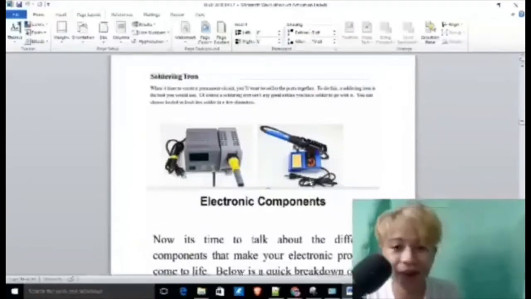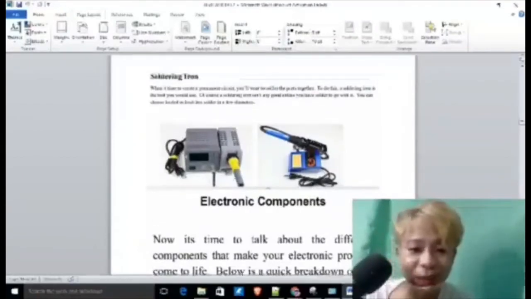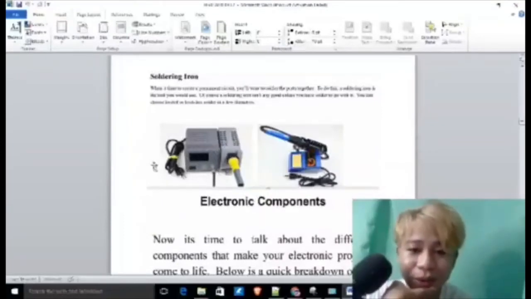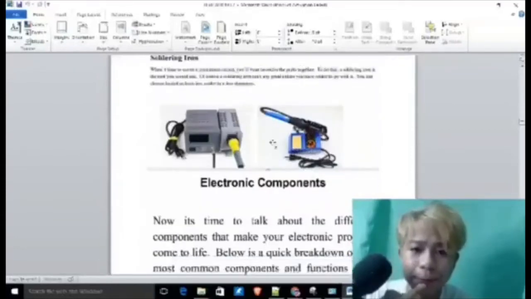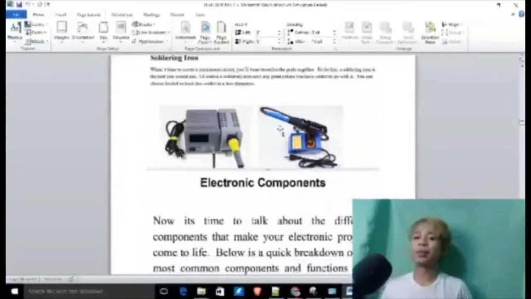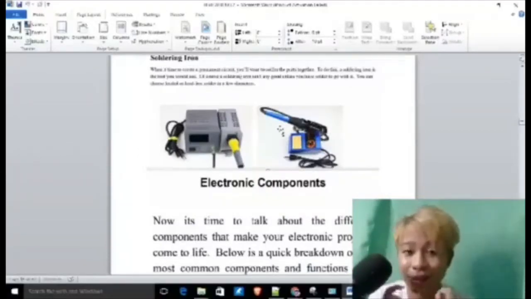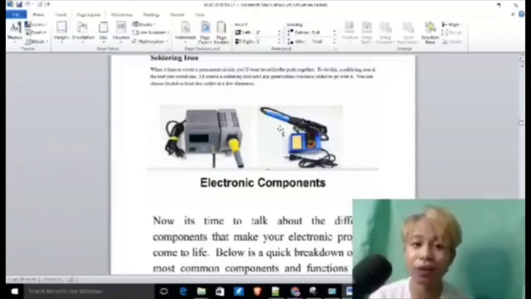Soldering iron. I don't have it. This is a big piece of equipment, and in our house I don't have this kind of thing. But I have a simple, small background knowledge about the soldering iron. One thing that the soldering iron is used for is melting small metal. What do you call that?